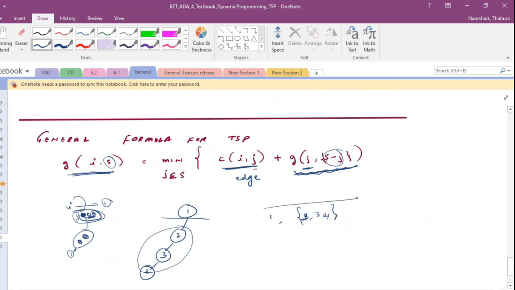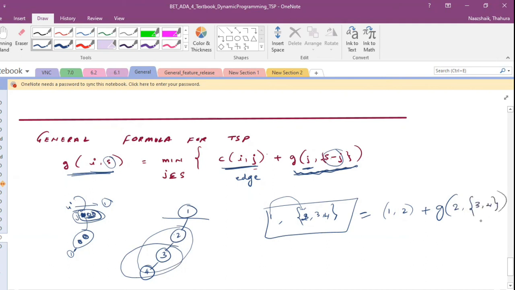So what is the value for this? The value is you try from I to j, plus you reuse the formula from 2. So I will do 2, and the formula is whatever is left other than 2. So it will be 3, 4.